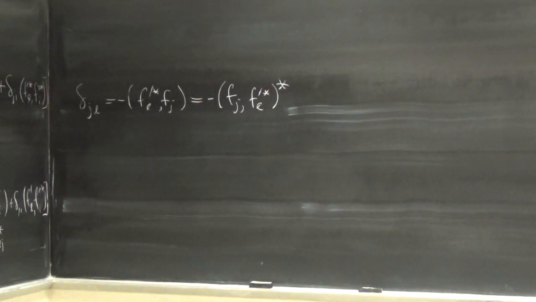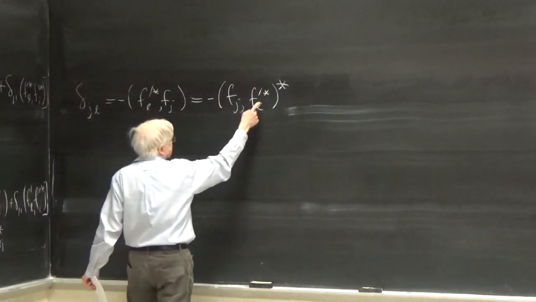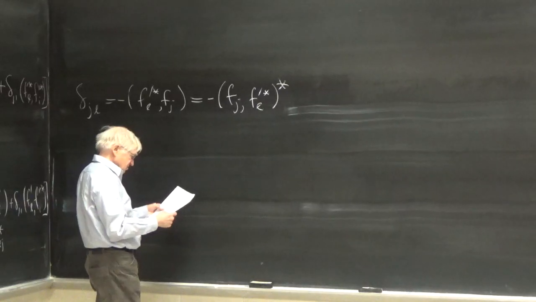That's the hermiticity character. You switch the order without changing the sign by doing a complex conjugation.